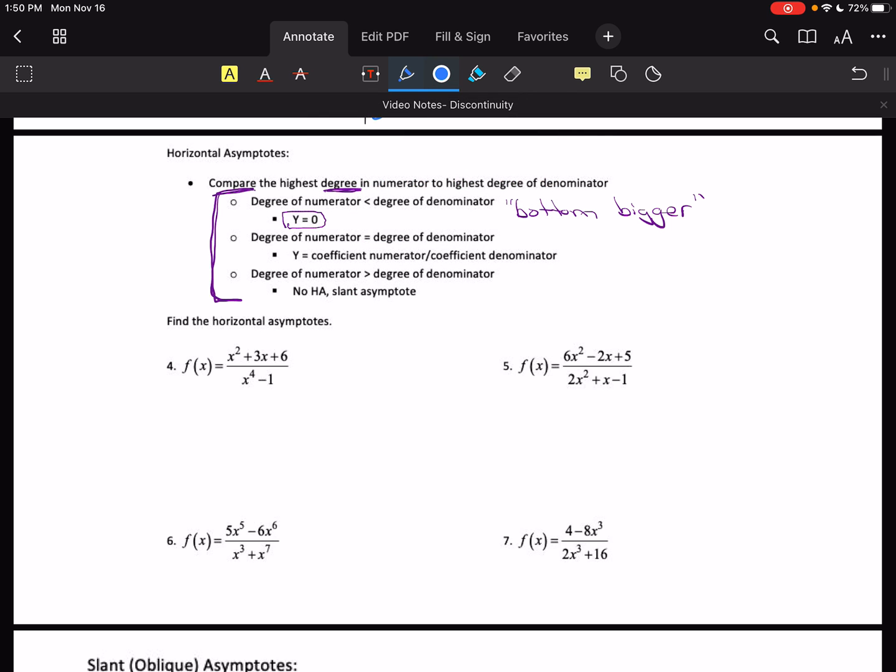If the degree on top is the same as the degree on bottom, so top equals bottom, then we look at the coefficients. The coefficient on the top divided by the coefficient on the bottom.